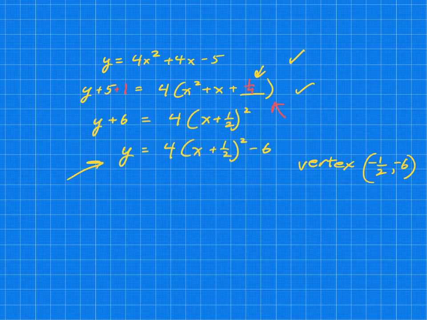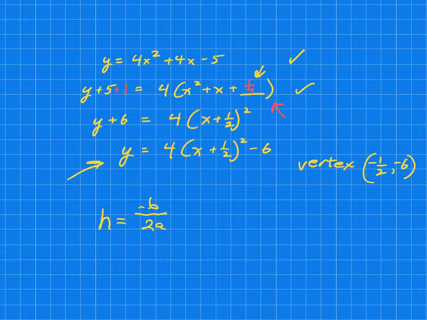But there's also a way to graph a function without going through this, and without converting it into vertex form. That relies on the formula for the x value of the vertex, which says that if you have an equation in standard form and you take negative b over 2a, you will be able to determine the x value of the vertex.